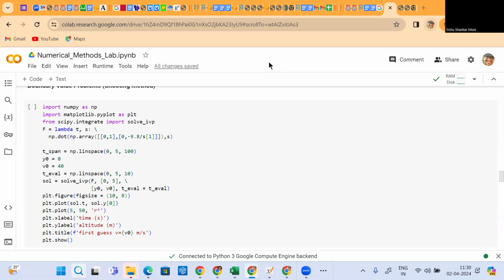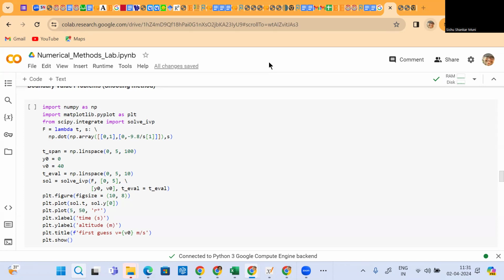Okay. Like you remember during the start of the shooting method, I took the derivative alpha as the initial guess. If the initial guess is right, it will hit the target. Okay. So let's see. I have taken 40. If it doesn't hit, we will check again. t eval, that's where we will integrate our ODE using solve IVP.